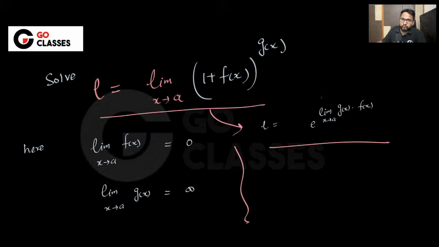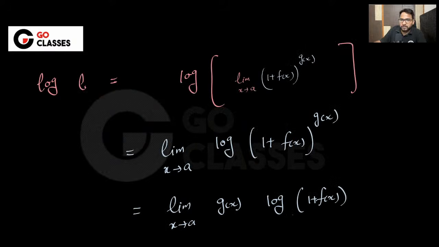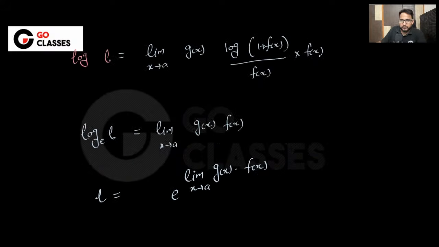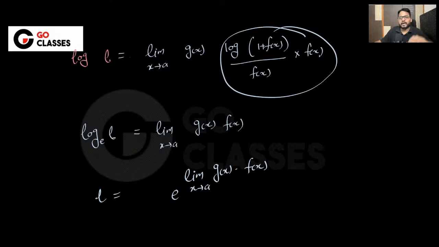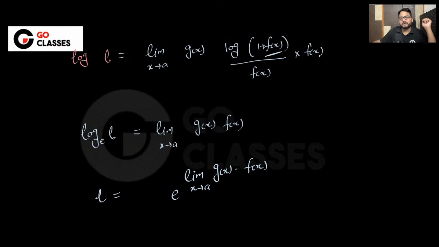Because I have used something from here, right? I have used this particular thing where I'm saying that this fx is going to 0, right? Then only I was able to say this is 1, right? So I'm using this particular fx is going to 0.